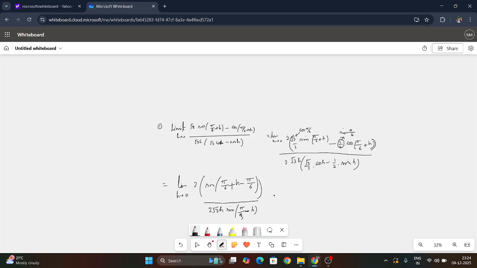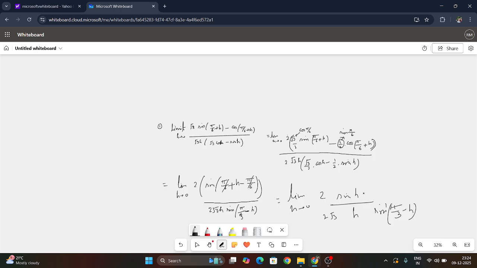We get limit h tending to 0 of 2, and in the numerator the terms cancel, leaving 2 sin h divided by 2 root 3 h sin(pi by 3 minus h).